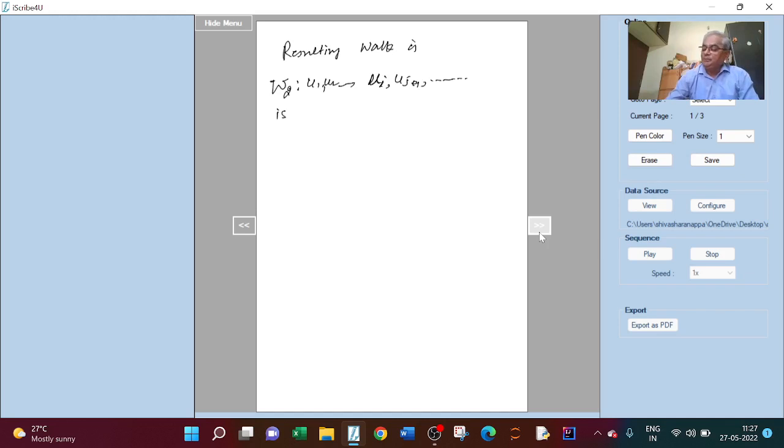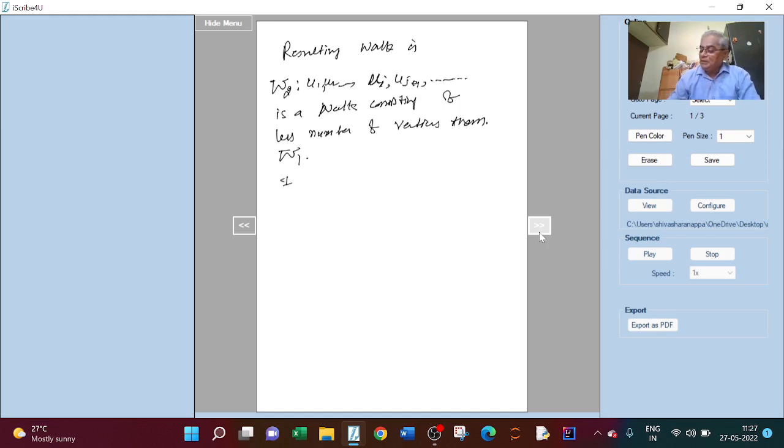This is a walk consisting of fewer vertices than W1, a new walk obtained by deleting some vertices and some edges.